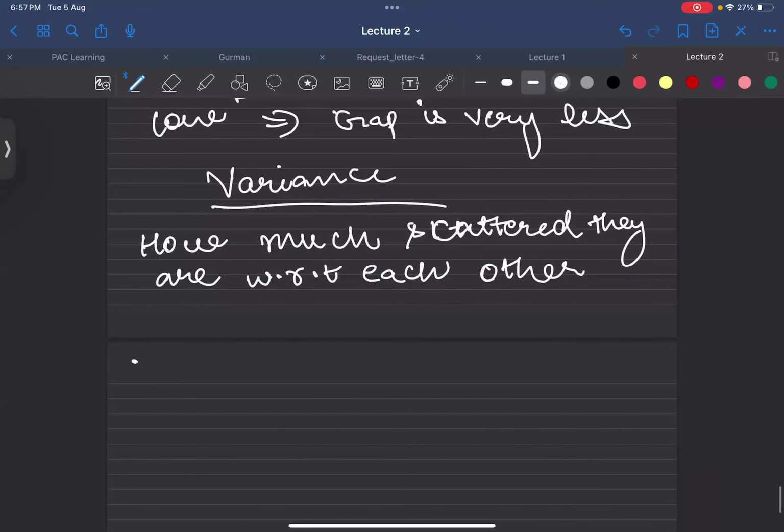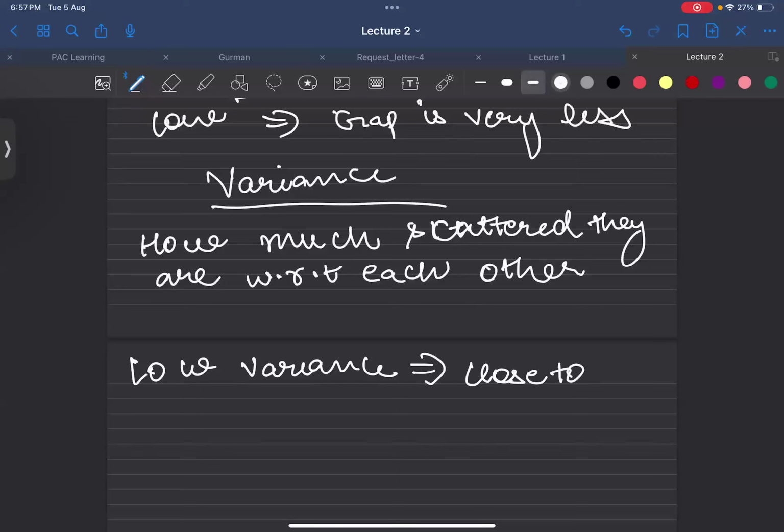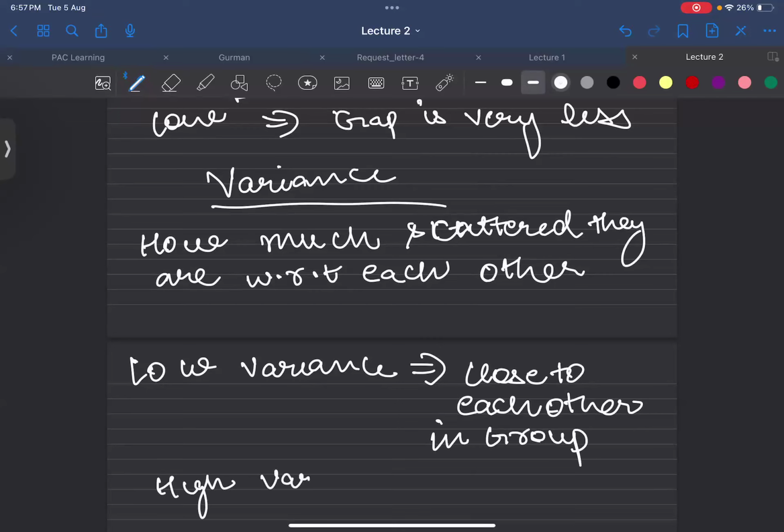Low variance means they are close to each other, the points are close to each other in a group, not much scattered. High variance means they are scattered. You got an easy, layman definition of what is variance.